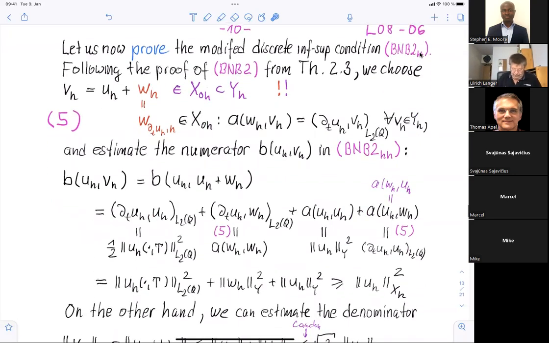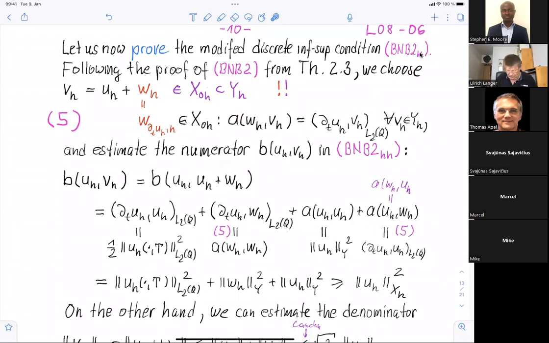the numerator from below, so here we have u_h, we see this, and this, and this. This is nothing else than a(w_h, w_h).